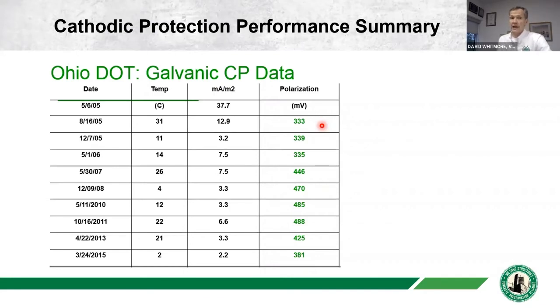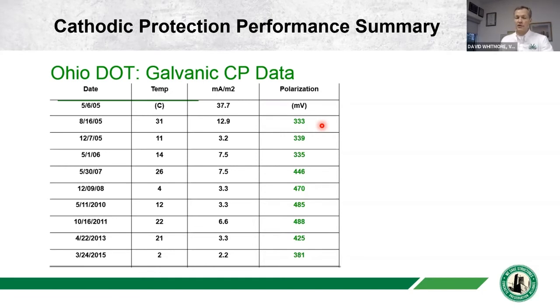And yes, so the simple answer is yes, you can. You just need to design for the parameters that you have. And with galvanic systems, you have a limited driving voltage, and so you need to manage the circuit resistance in order to achieve the polarization of the steel.